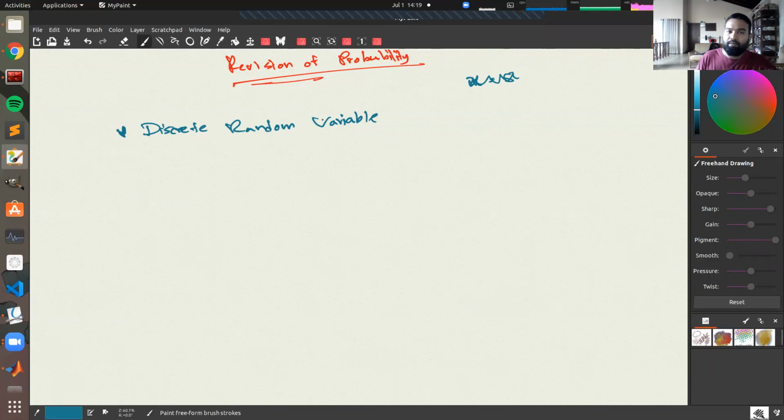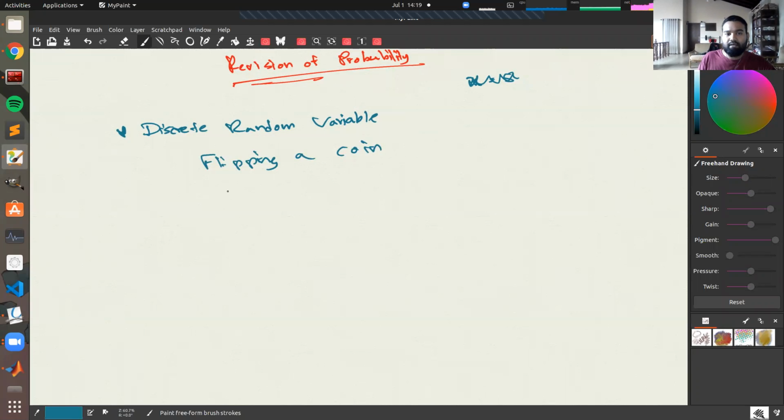I'll explain this using a simple example. Let's talk about the classic probability example: flipping a coin. We can define a random variable for the outcome of the coin flip.